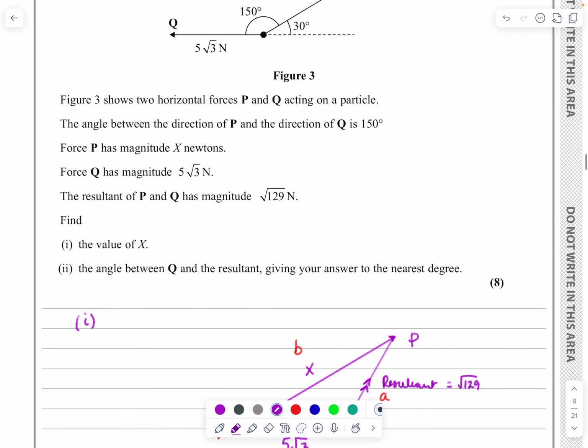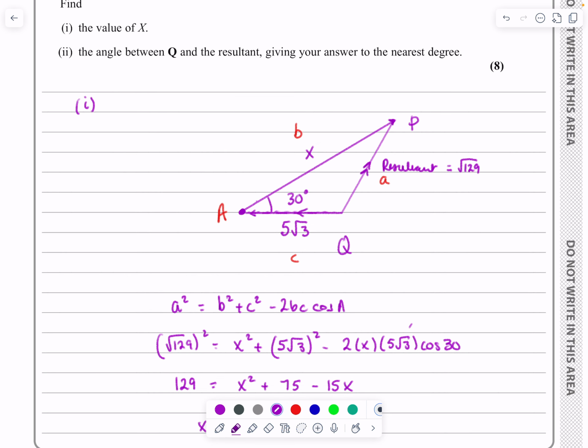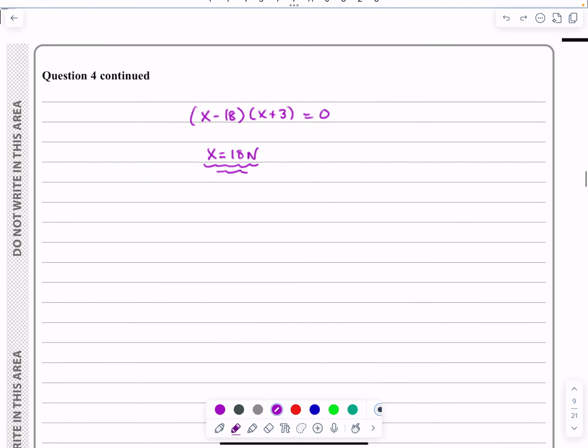Okay, part B then, part 2, says can we calculate the angle between Q and the resultant. So Q is that force there, the resultant is that force there. So what they're asking me for is that angle there, that obtuse angle there. So when I'm going to do this using the sine rule, if my answer works out to be an acute one, let's do it, and then we'll talk about just being careful about the last part of it.